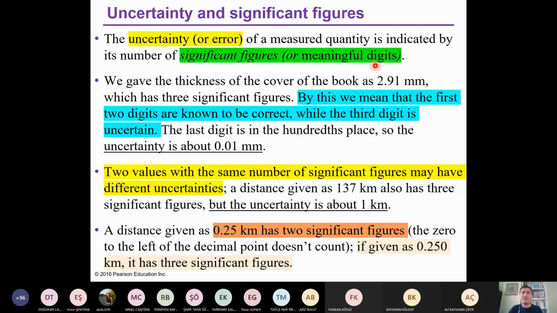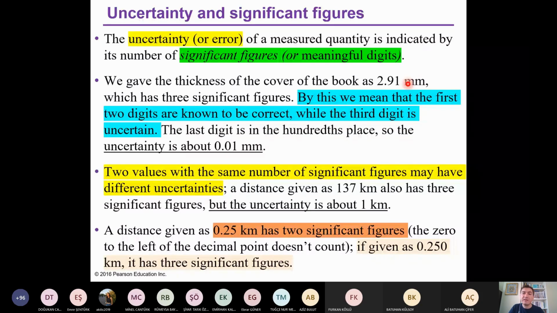Okay, so I will give you some example. Here we have a cover of book, for example, and we would like to measure the thickness of this cover. This thickness is 2.91 millimeter. We are talking about 2 millimeter, and we are giving additional 2 digits here, 91, 0.01 millimeter.